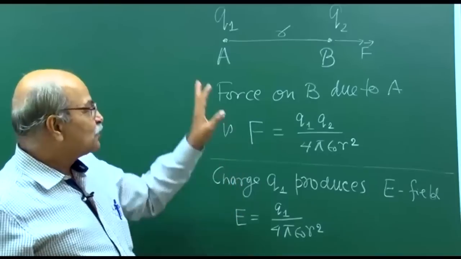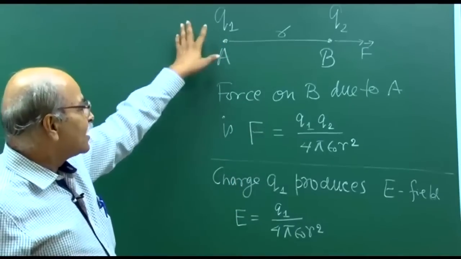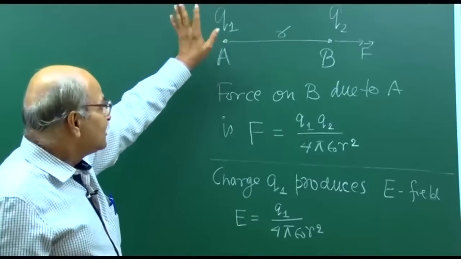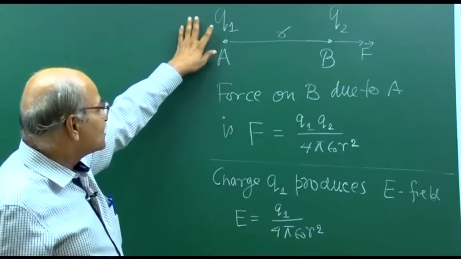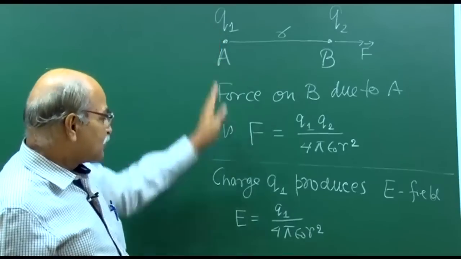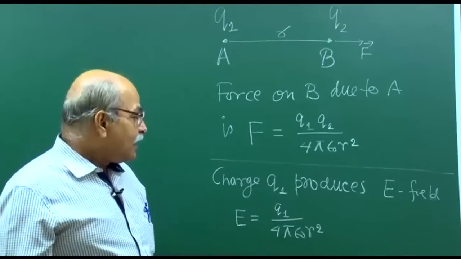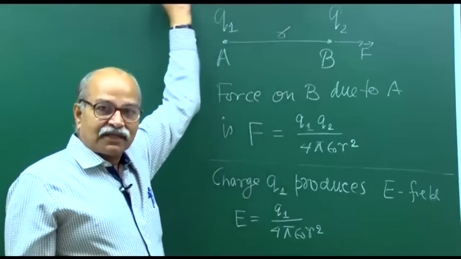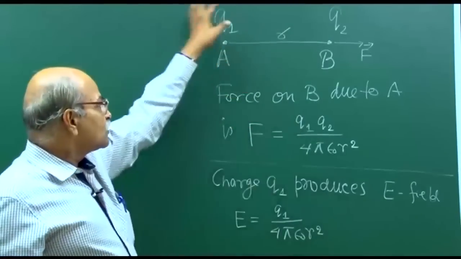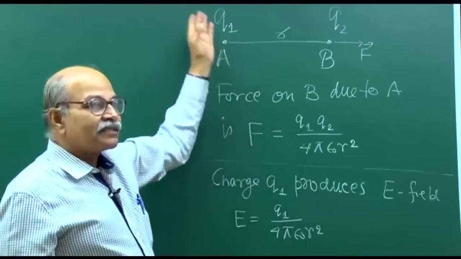Of course, the charge should be stationary in your frame for quite some time. Those restrictions are also there, but in those conditions, which we call electrostatics, this charge produces this much electric field. And not only at B, it produces electric field everywhere. Wherever you want, you can take a point and ask how much is the electric field produced by this there.